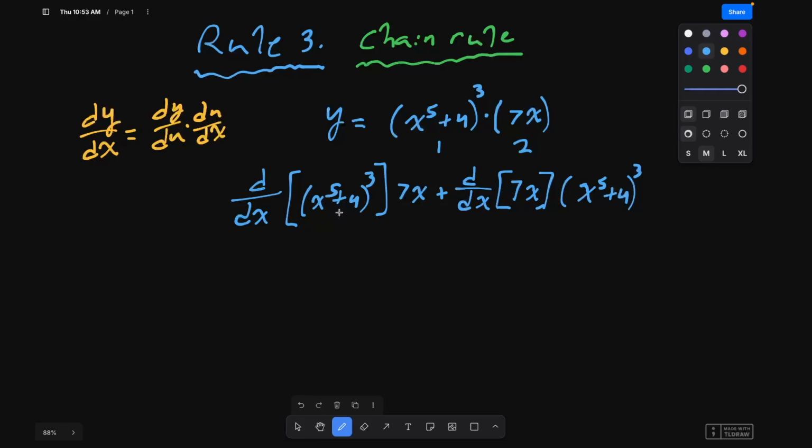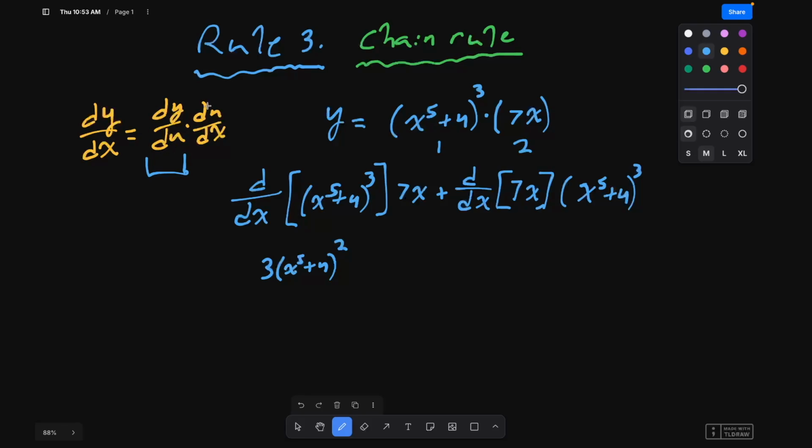The middle is our u, and then we do a power rule over the u. So we just bring down the 3, and then we have our u, our middle bit that we don't touch, we just bring it along. And then we're still doing the power rule, so we take our 3 and subtract 1 to get 2. Again, that's our dy du.